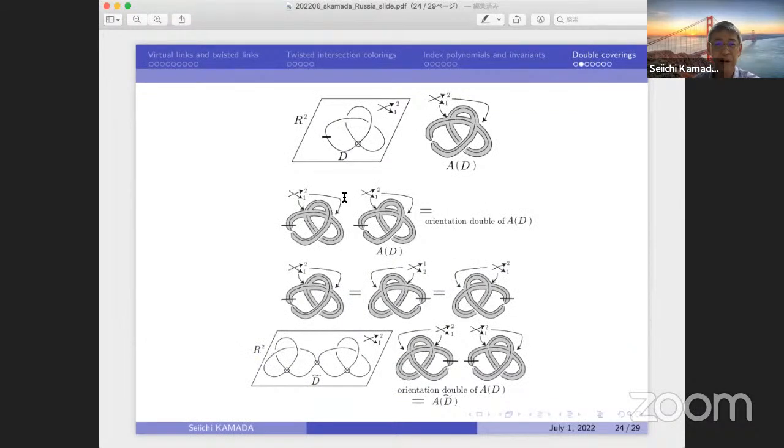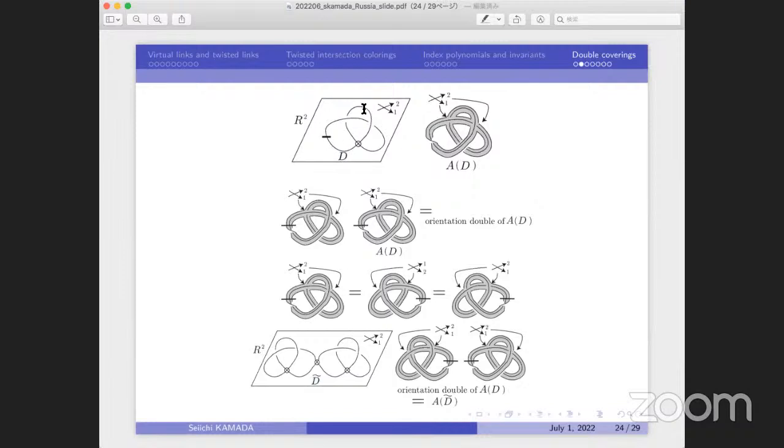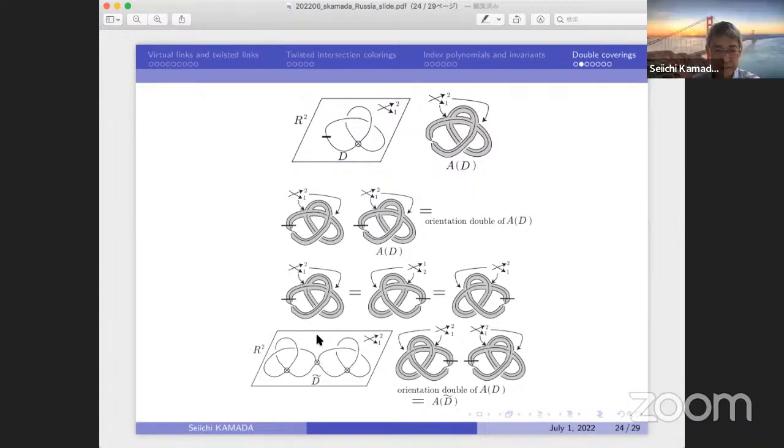This is a picture of how to get the diagram D tilde from D. So here is diagram D, and this right-hand side is a copy of D, and the left-hand side is a virtual dual of D. That means consider a reflection image by a line in R2 and take a crossing change at all classical crossings.